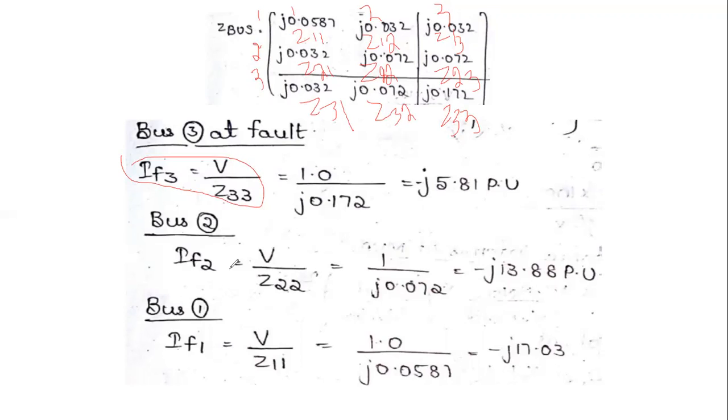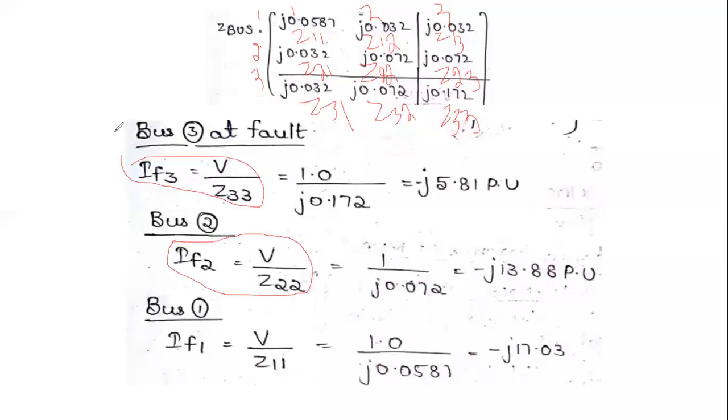Next we calculate the fault current at bus 2, that is IF2. Therefore IF2 is equal to V by Z22. V is 1 and the Z22 value is J 0.072.